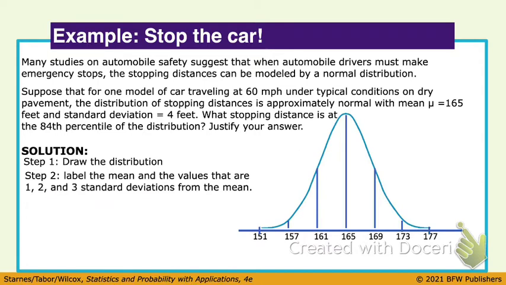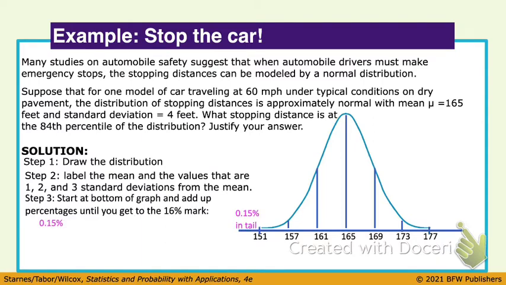How did I get these numbers? 165 is the mean, and then I'm adding 4 feet, three times. And then I'm subtracting 4 feet, three times. And so that's how I got those numbers.